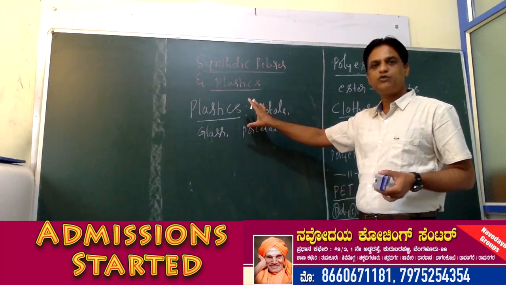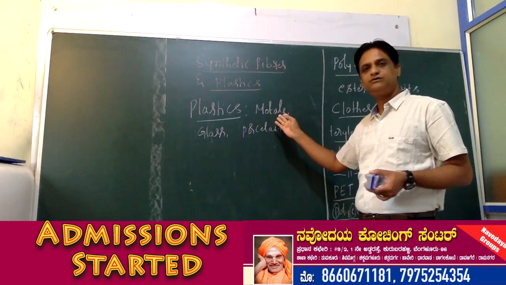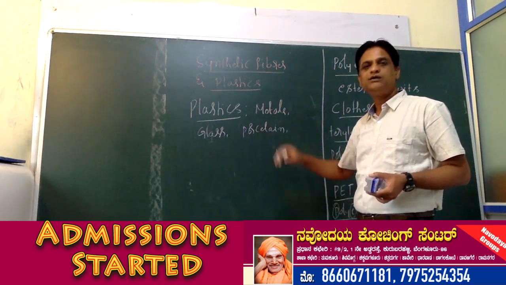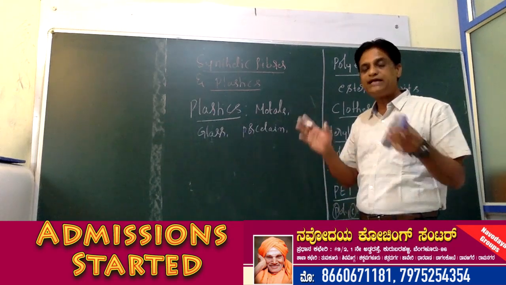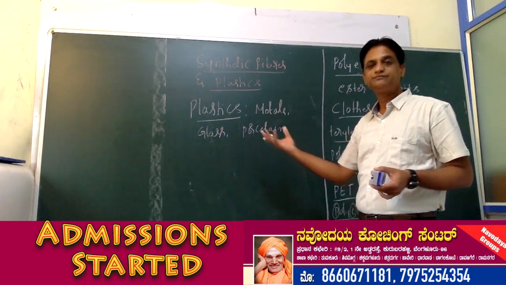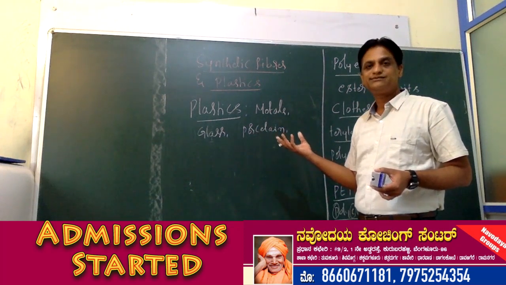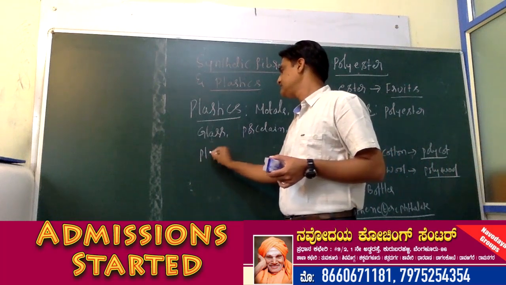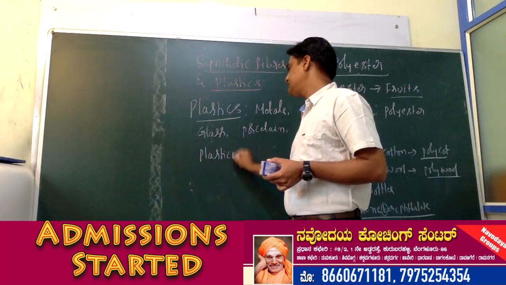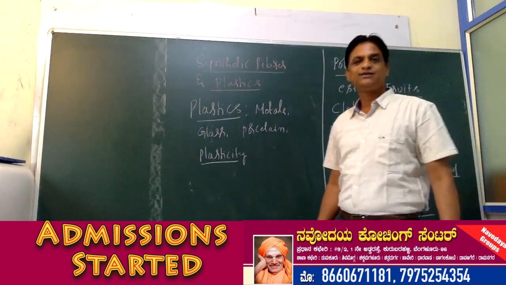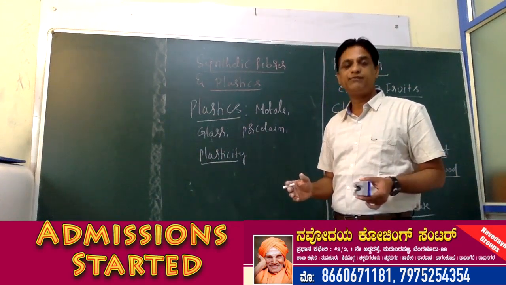Now we are using more plastic materials compared to materials made out of metals or glass or porcelain. So why are plastic materials used more compared to other materials? See, the name plastic is given because it possesses plasticity. Okay. So how are plastic materials prepared?